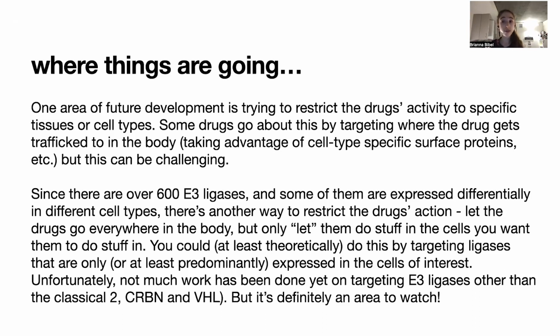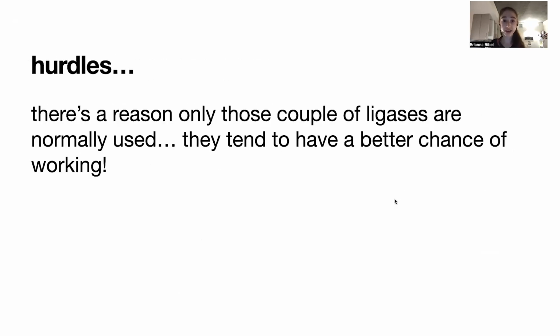So now your drug, even if it gets into all of the cells, it's only going to be active in those cells that have lots of that ligase acting, and this can then allow you to use it. So you would think that with over 600 of these E3 ligases, you would have lots of opportunities to do this. However, there's a reason why only a couple of them are typically used.